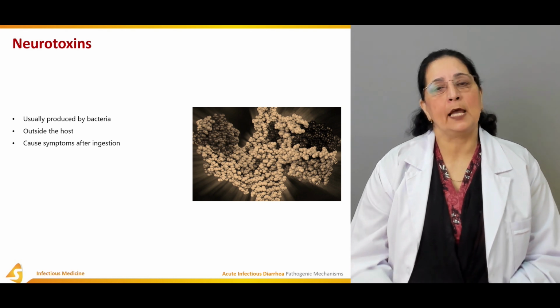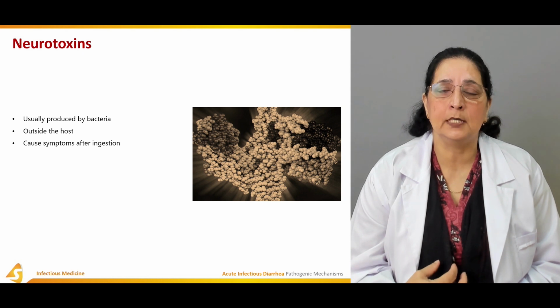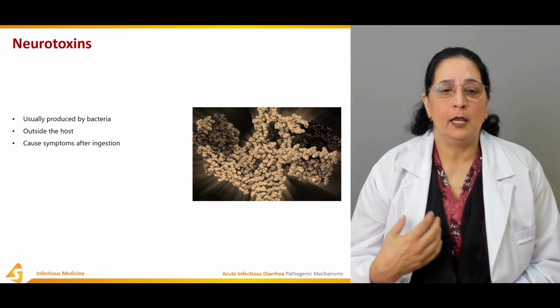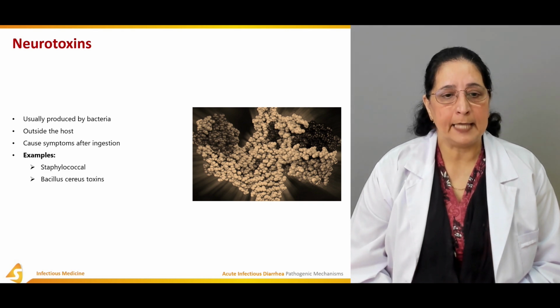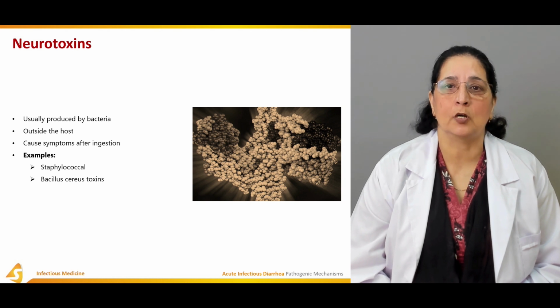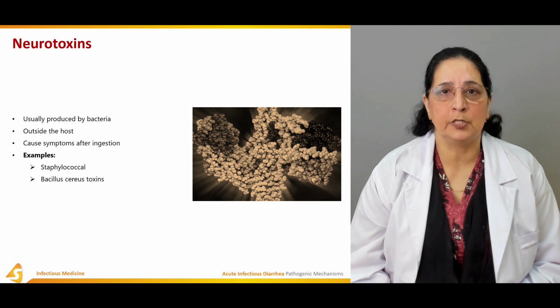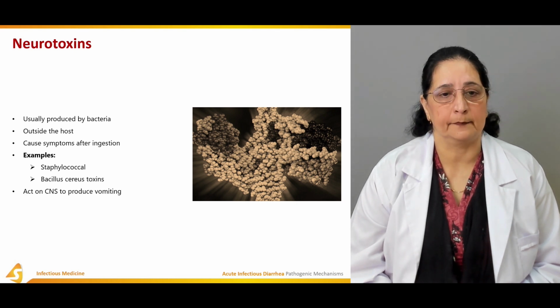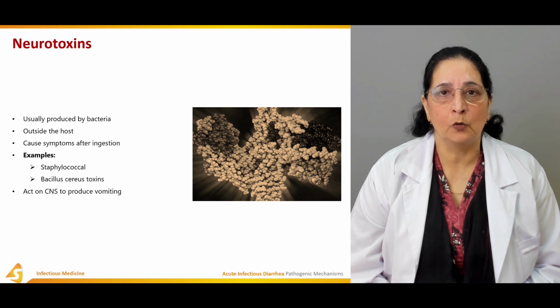They cause symptoms after the food is ingested, after the microorganisms are ingested, they cause infection. Examples are staphylococcal and Bacillus cereus toxin. These are all the neurotoxin producing organisms. They act on the central nervous system to produce vomiting.